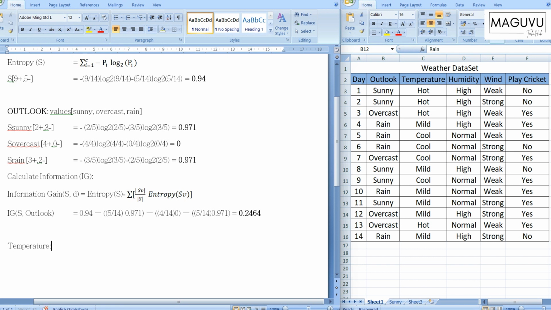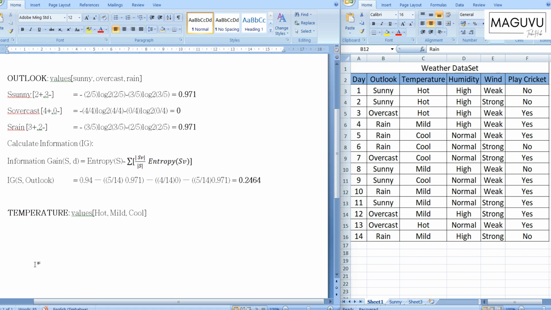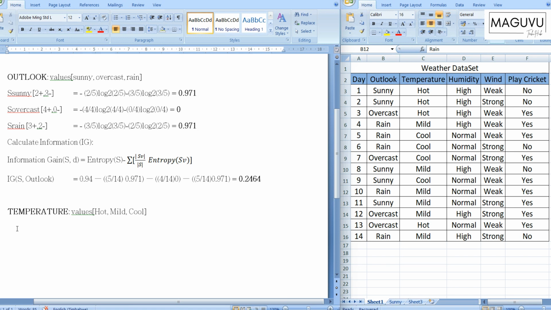We look at the values under temperature. We have got hot, we have got mild, and we have got cool. So we are also going to do the calculations of entropy for all the values of temperature there. So let's go ahead and calculate the entropy.